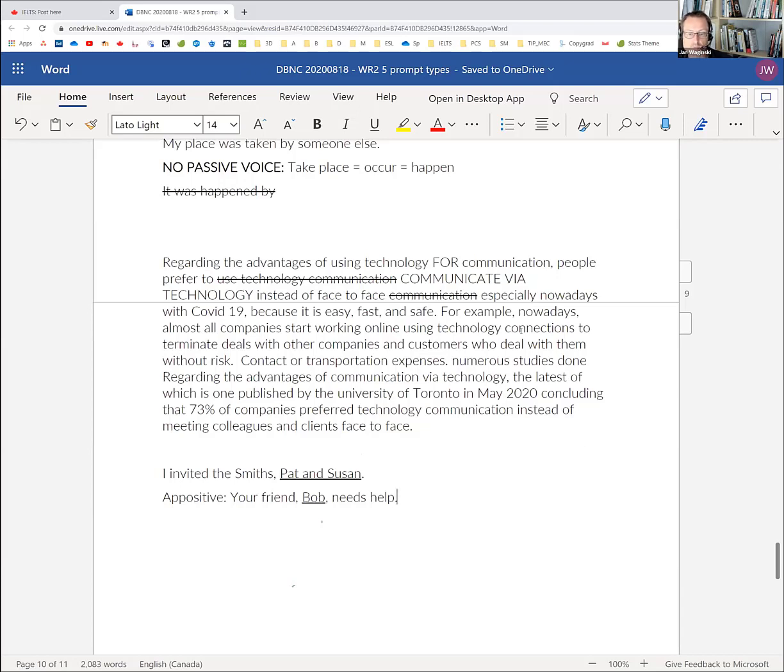So that's why we have this thing called an Oxford comma, because if you put in this comma here, then it's crystal clear that you've invited the Smiths, and then separately Pat, and then separately Susan. But if you don't put that comma in there, then it's ambiguous, and ambiguous means it's not clear which one it is. It could be a positive, or this could be 3 items. So this family plus these 2 individuals.